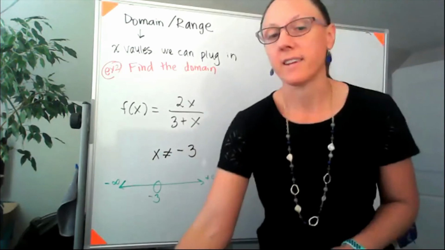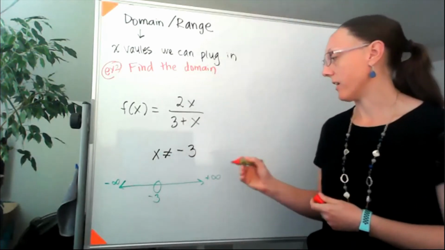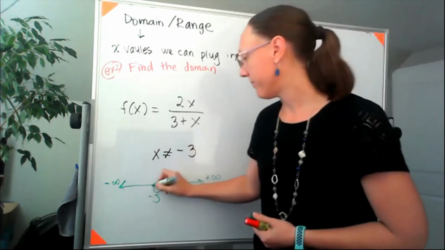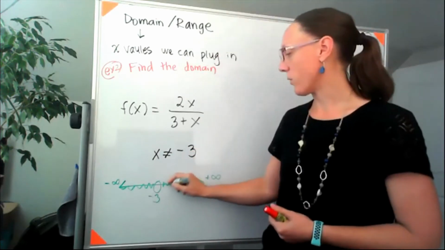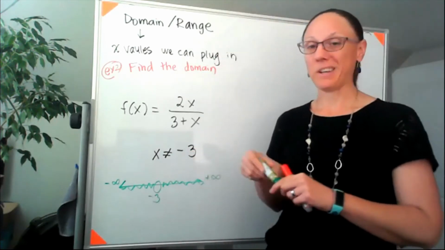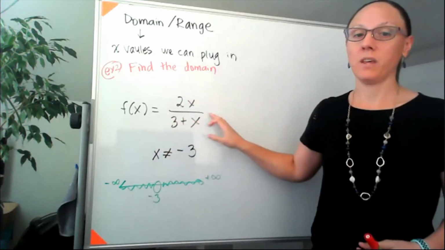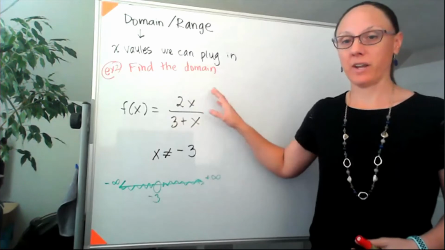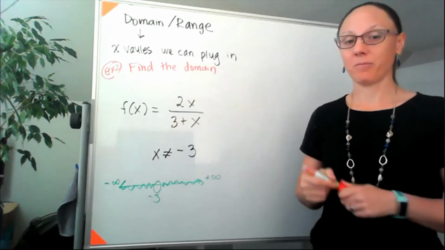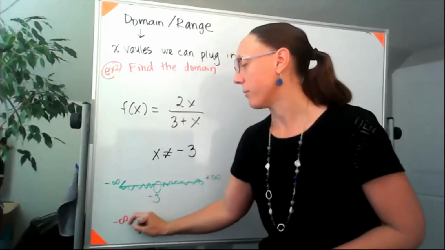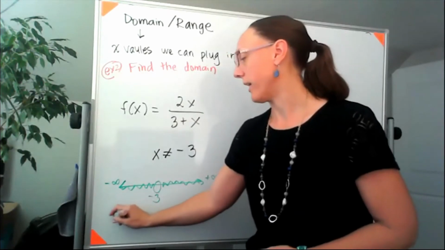So when I go to write this in interval notation, I want this interval over here and also this interval over here, because the only thing that can go wrong in this problem is plugging in that -3 and ending up dividing by 0. So I'm looking at, in interval notation, going from -infinity to -3.